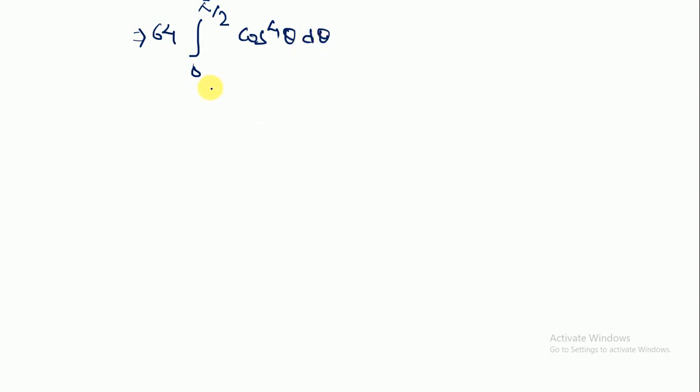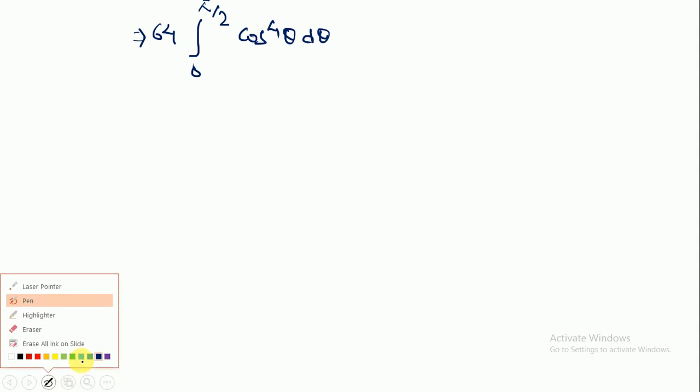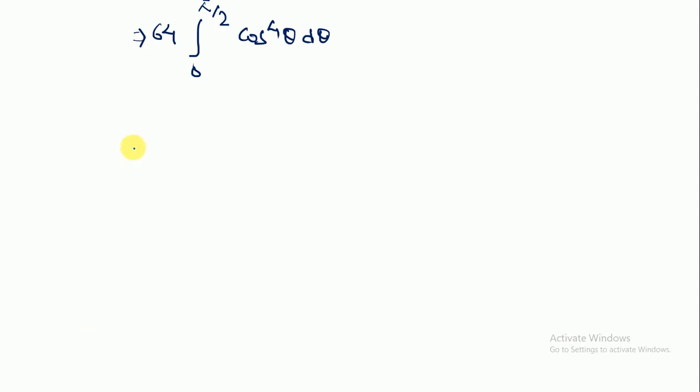Now how to solve such a cos 4 theta factor? There is a basic theorem. If you can remember, integral 0 to pi by 2 of cos n theta d theta is equal to n minus 1 by n.